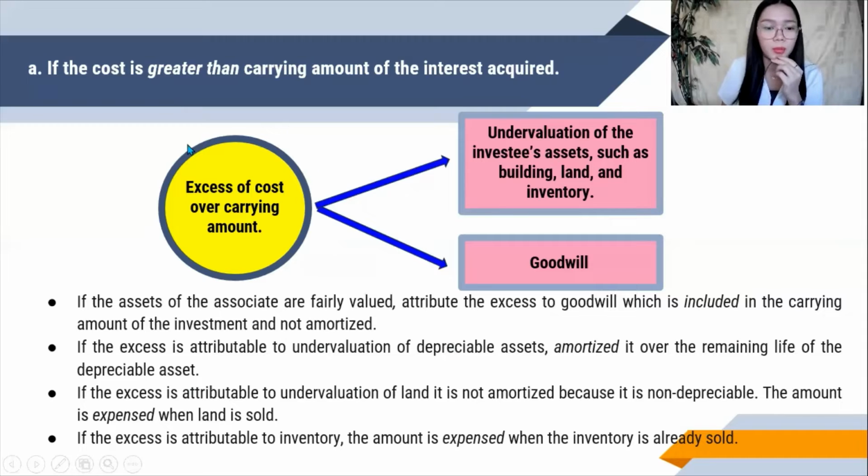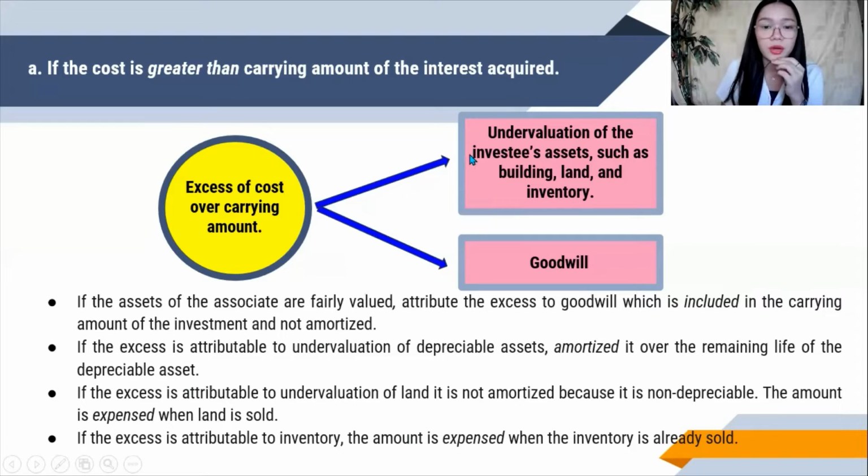So where is it attributable? It may be attributable to the undervaluation of the investee's assets such as building, land, and inventory. Meaning, the identifiable net assets of the investee are not yet at fair value. They are still undervalued, or their fair value is higher compared to their book value.